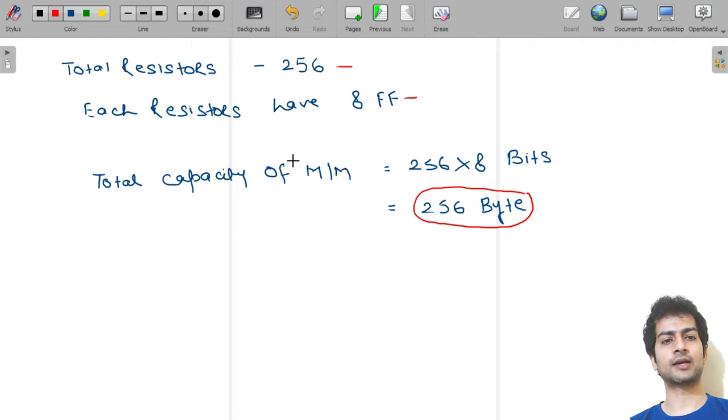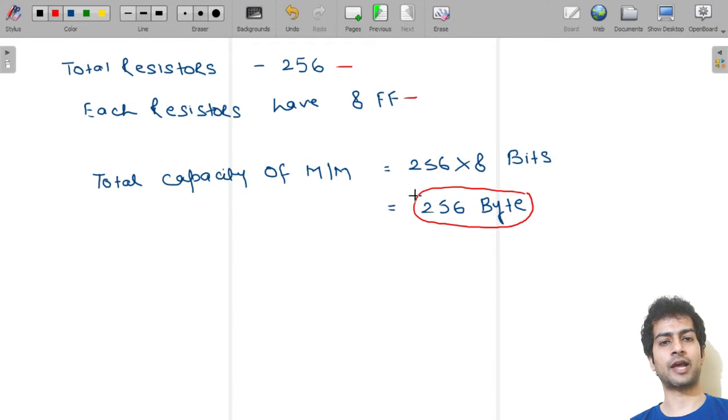So we can vary the capacity of memory. For varying the capacity of memory, we have two options. Either we can increase or decrease the total number of registers in a memory, or we can increase or decrease the total number of flip-flops in each register.